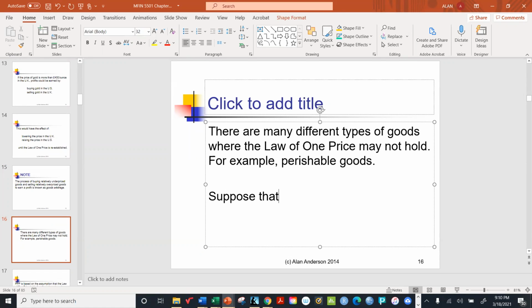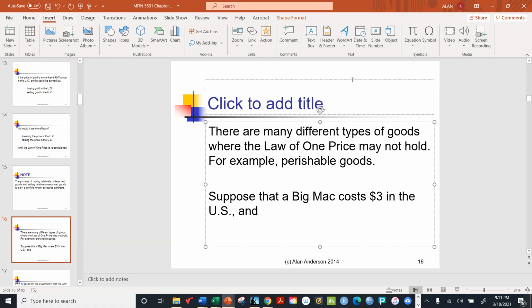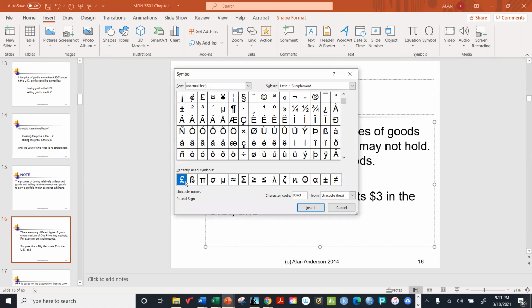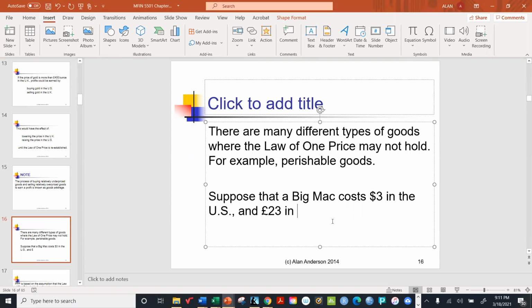Suppose that a Big Mac costs $3 in the United States, and 2 pounds in the UK, and like before, the exchange rate is $2 per pound between the two countries.